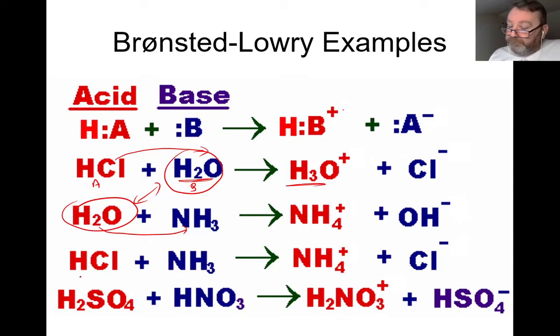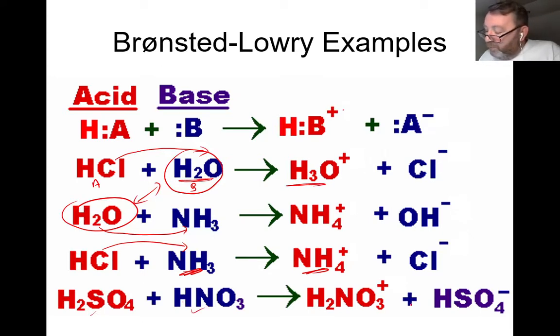This one, HCl and NH3. Look at what happens. NH3 has become NH4+. So that means that the NH3 has accepted the H+. So it must have travelled this way from the Bronsted-Lowry acid to the base. And finally here, and this is most interesting, sulfuric acid, or hydrogen sulfate, and nitric acid.